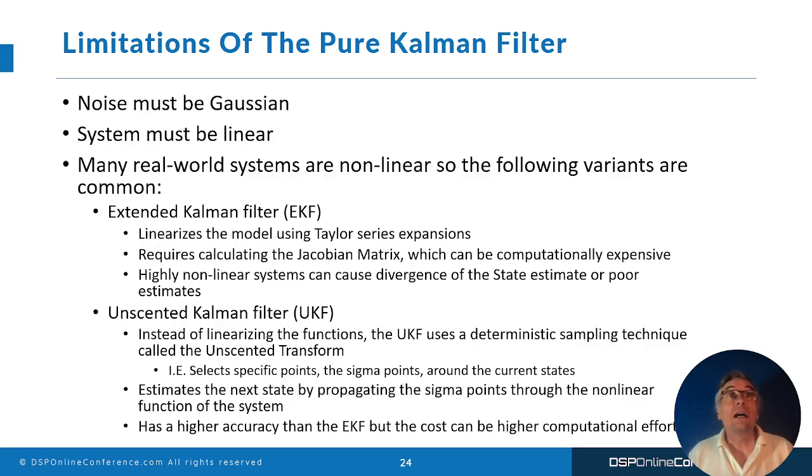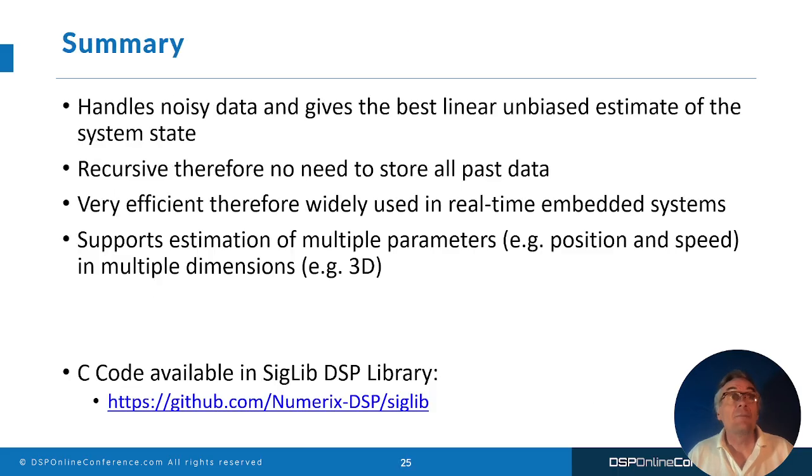Okay, so that's the Kalman filter. It's a very, very good algorithm, very efficient, very easy to implement algorithm for getting very accurate estimates of position, speed, etc. in a noisy scenario. It's recursive, so it doesn't need a lot of memory to store state variables, state arrays.